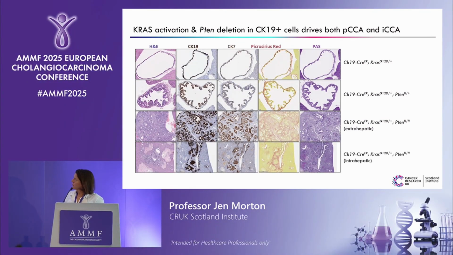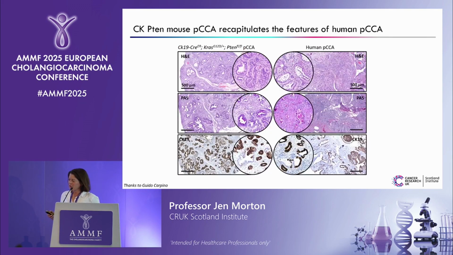And again, just to validate the model, we did the staining that's commonly done in the clinic. And again, the tumours in the mice look like human cholangiocarcinoma, both intrahepatic and extrahepatic. And the perihilar tumours, again, look like the human disease.